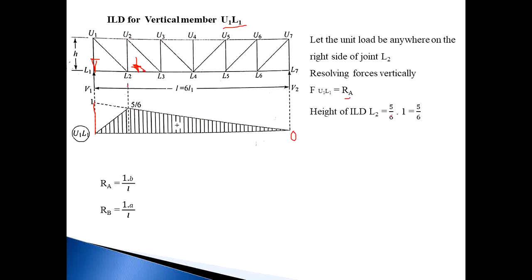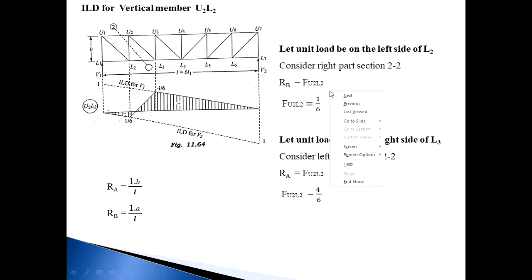So the remaining term is 5 by 6. So the height of the ILD at L2 is 5 by 6, and the nature of the force is towards the origin, meaning compression. So you should draw it on the upper side of the baseline. So this is the ILD for vertical member U1 L1. Then next, draw the ILD for vertical member U2 L2.